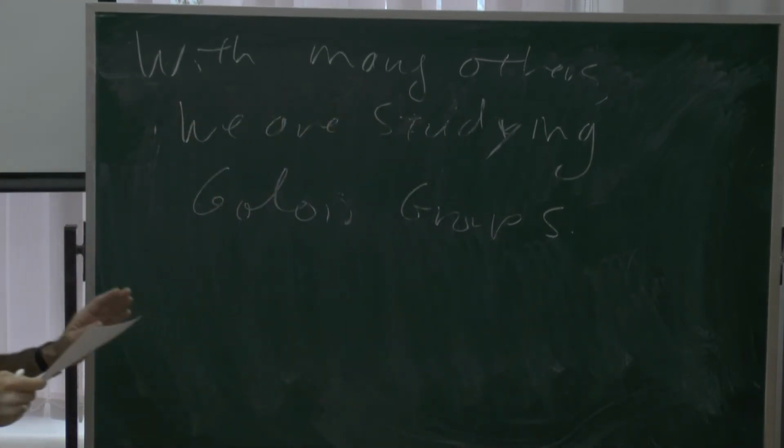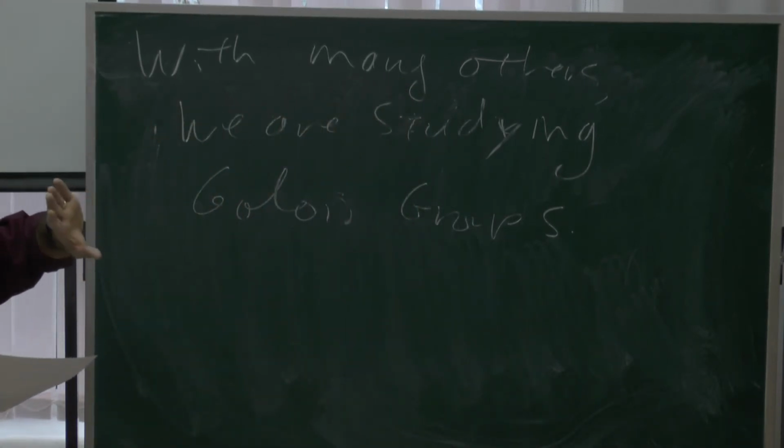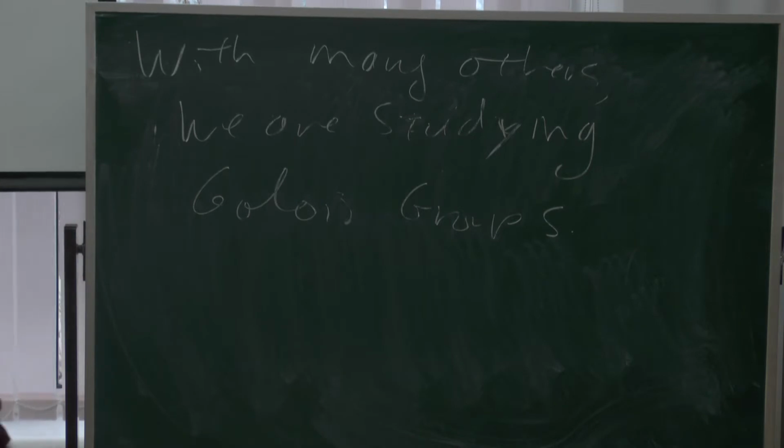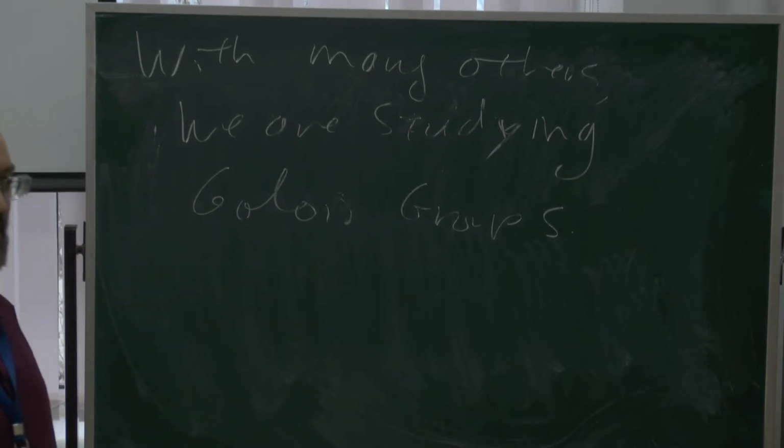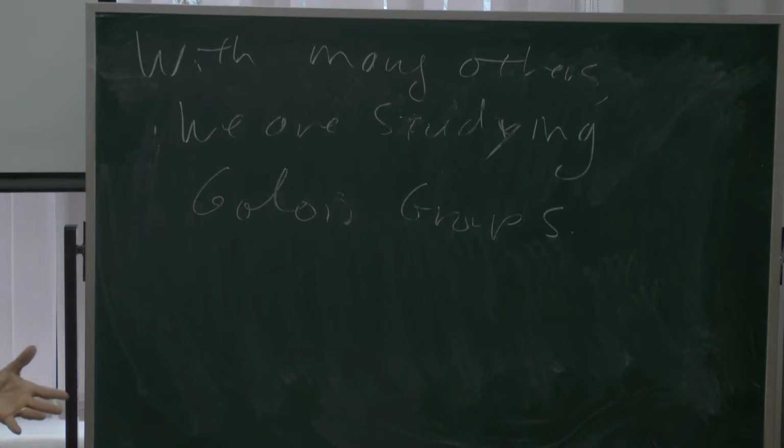I'm going to sketch this in the remaining time that I have. So in 1979, when Joe Harris wrote his paper on Galois groups for enumerative geometry, he came up with a very simple-minded method, which fit well with things we knew geometrically, for showing a Galois group was the full symmetric group.